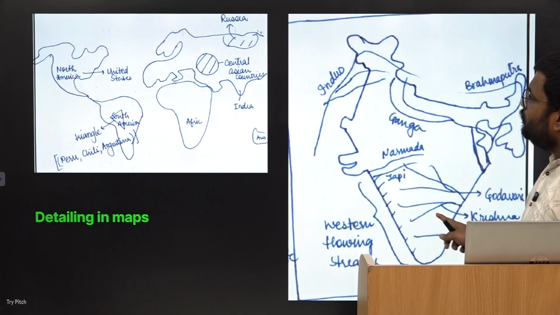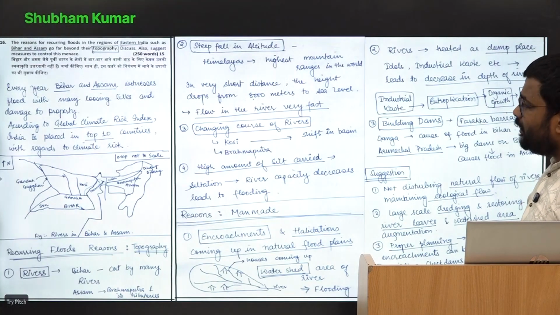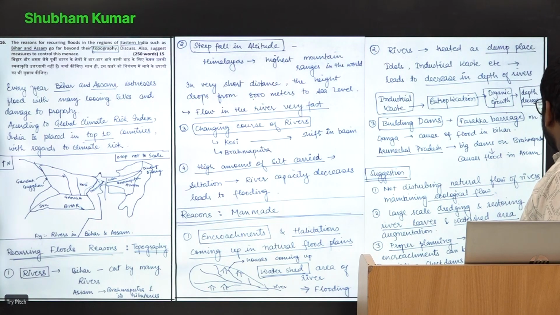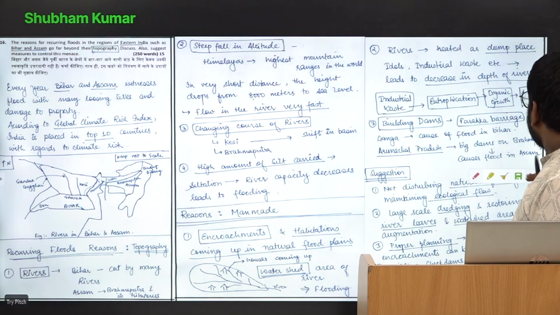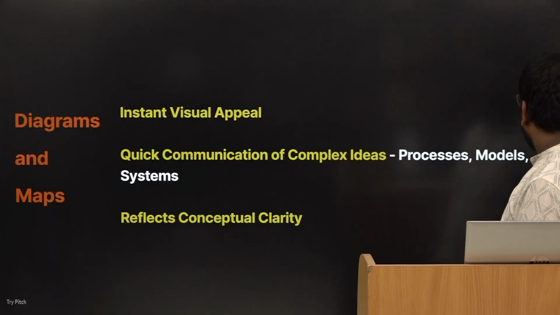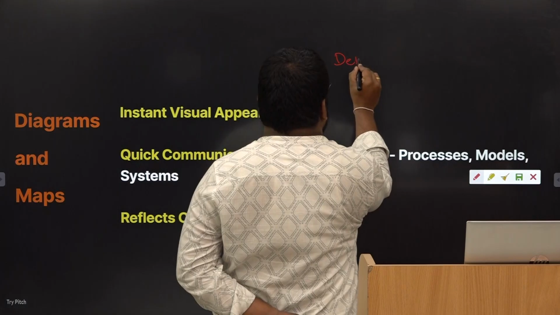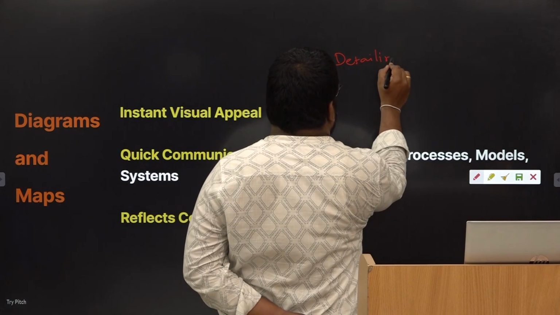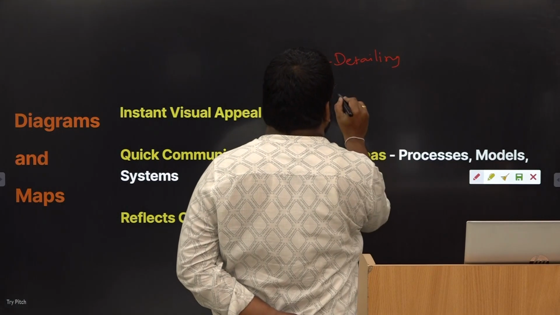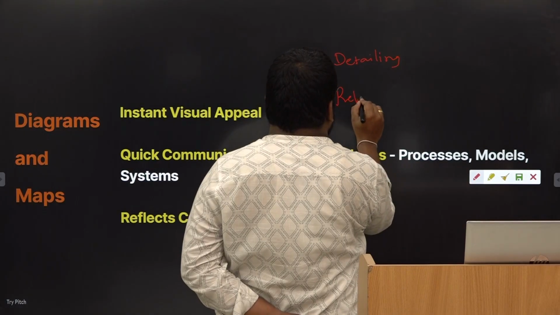Okay. Second aspect, the mapping. In the mapping also, the most important aspect in the diagrams and maps is the detailing. And the second aspect is the relevance.